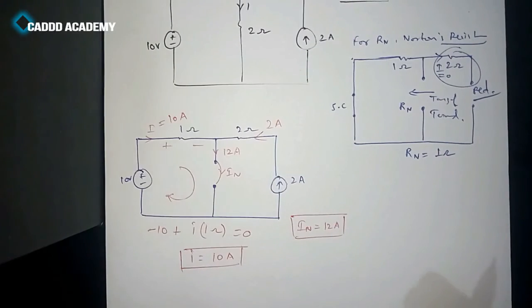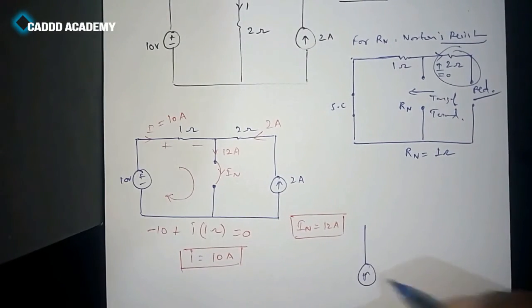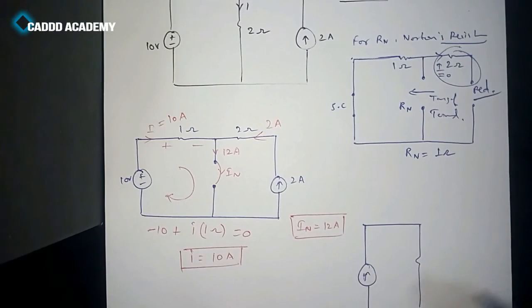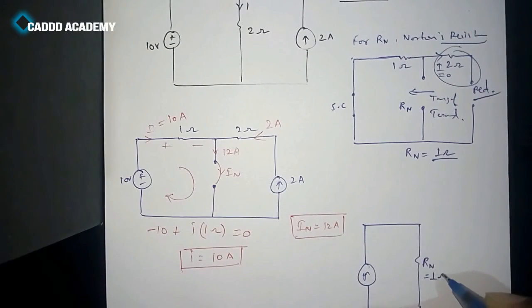Okay, now we will draw the Norton's equivalent. Here we have to write Rn, which is 1 ohm. Here we have to write In, which is 12 ampere.